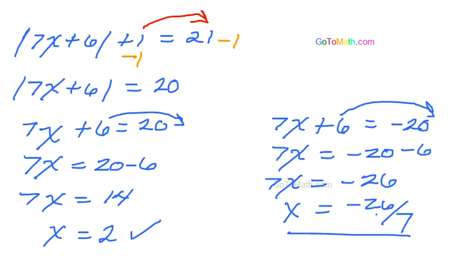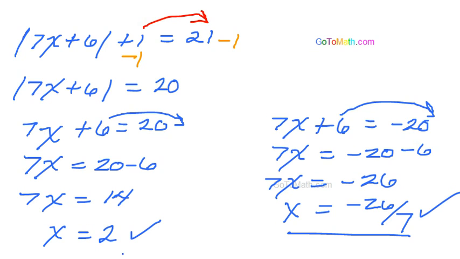So that's a way to check that. And of course you can take the negative 26 over 7 and plug it in. So the 7's will cancel out. We'll be left with negative 26 plus 6 is negative 20, but when you take the absolute value of negative 20, you get positive 20, and 20 plus 1 is 21. So it looks like these two guys here check out.